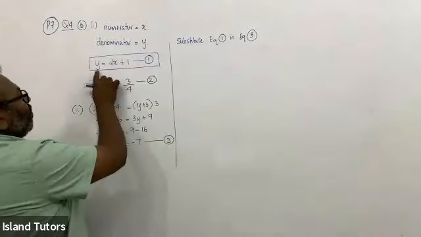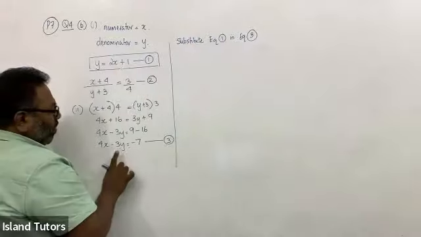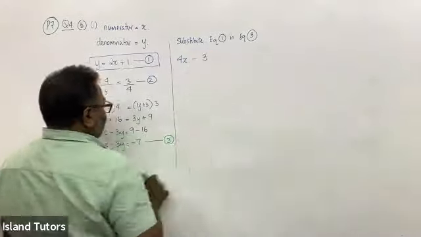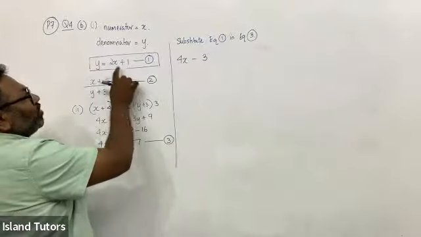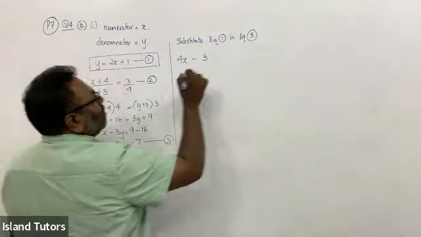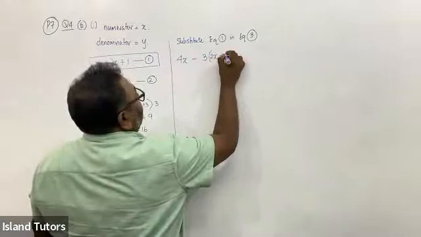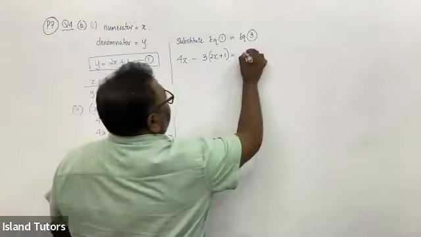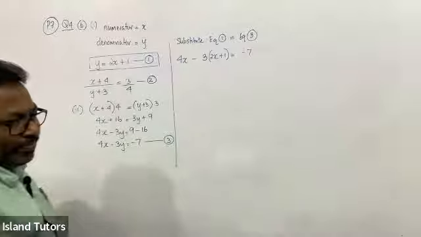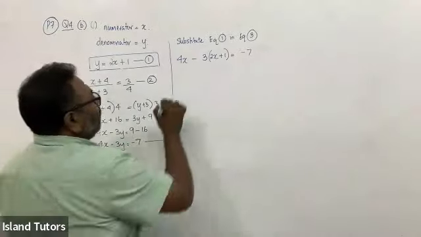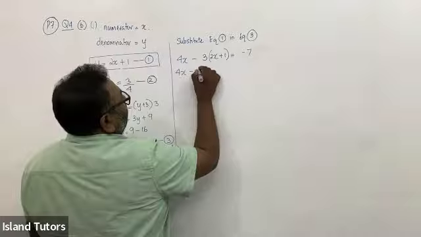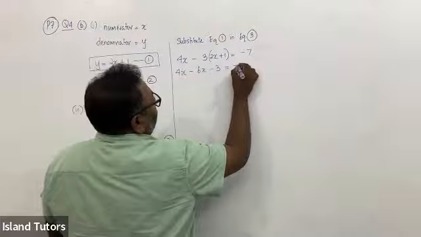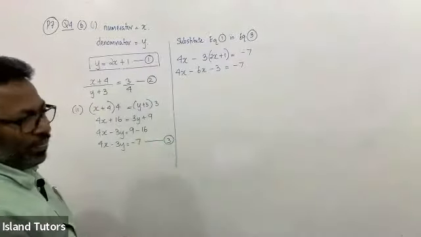Okay, what is equation 1? Y is equal to 2x plus 1. We'll put it into this. So 4x minus 3, instead of y we are going to use this, y is equal to this. So 4x minus 3 times (2x plus 1) is equal to minus 7. Got it? Right? So let's simplify. 4x minus 6x minus 3 is equal to minus 7.